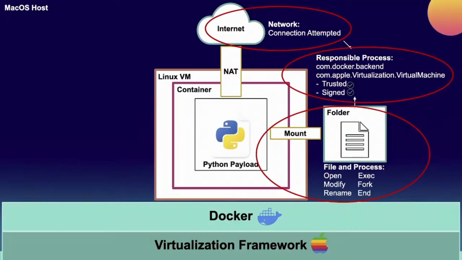We can see sensitive file open, modify, rename events, process executions, etc. There's a big but here: all of these behaviors are happening on behalf of the container by the Docker process, com.docker.backend, and the Apple framework XPC service, com.apple.Virtualization.VirtualMachine, which are signed, trusted platform binaries, and they're really noisy.